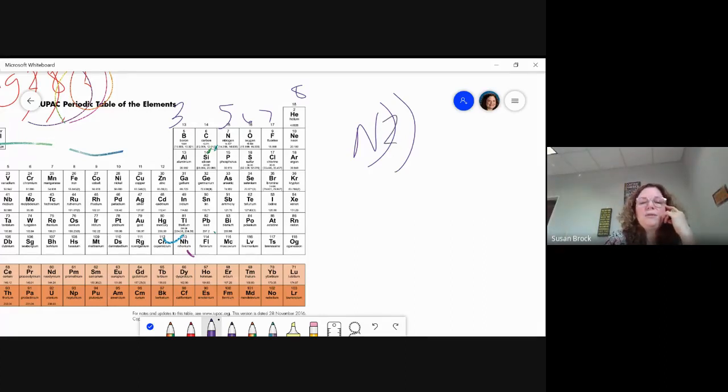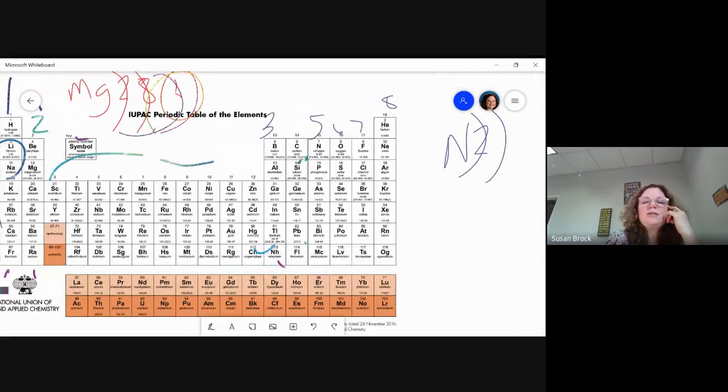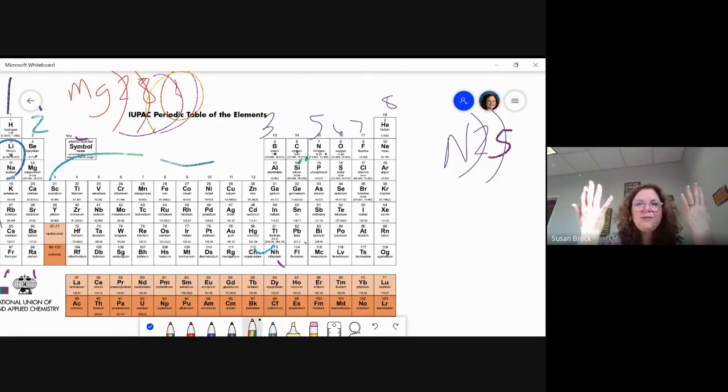It's on row 2, so that means the second energy level. We just count over: 1, 2, 3, 4, 5. So it has 5 electrons in that outer energy level, so it has 5 valence electrons. So it wants 8 to have a full energy level.